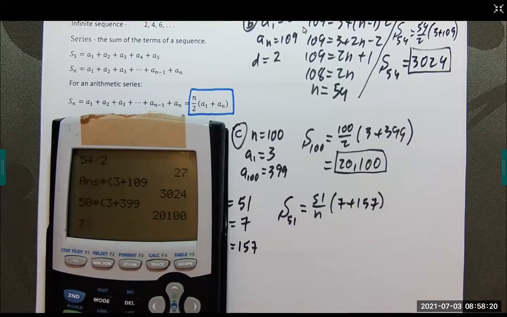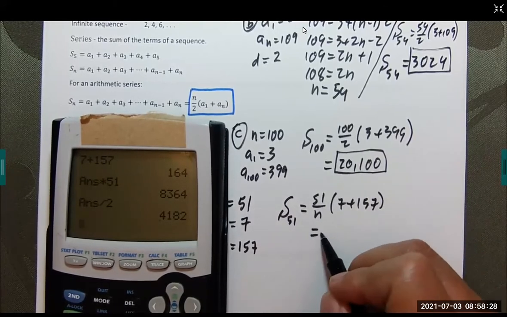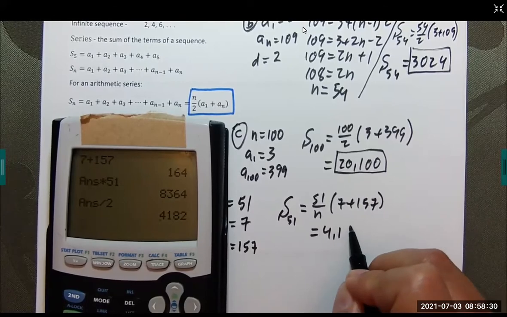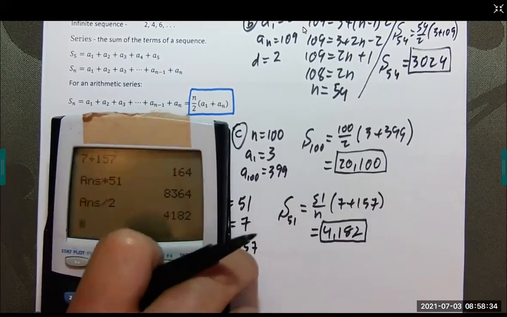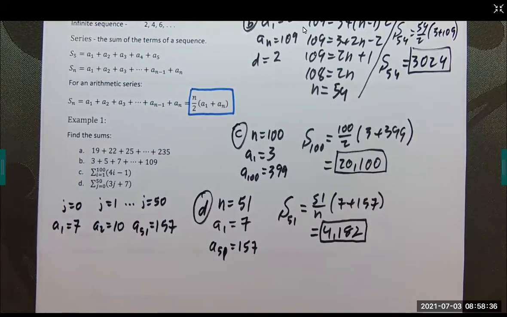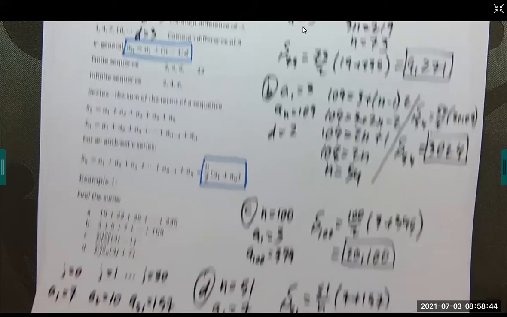So 7 plus 157 times 51 divided by 2. There we go. So 4,182 is what we're going to get there. By the way, you might think it's weird that we're starting at 0. In higher math, we often start at 0. In fact, in some cases it's preferable to start at 0. All right, let's move on.